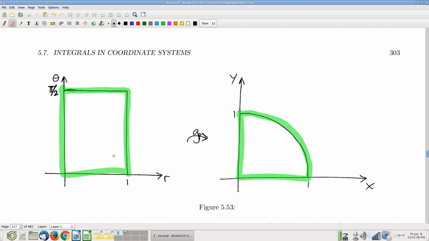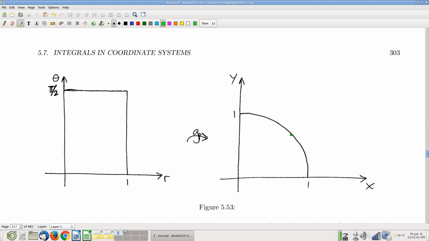All right, now let me try to persuade you that this is what the pullback domain is. Let's think about these edges. What is that edge right there? Notice theta is equal to 0 everywhere on that edge. Theta is equal to 0 and r goes from 0 to 1. That is that edge. Okay, now let's think about this edge. That edge has r equal to 1.